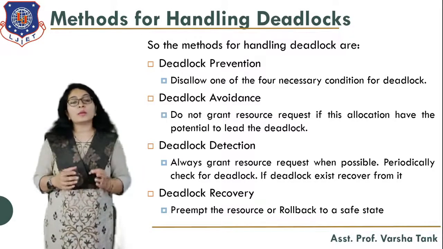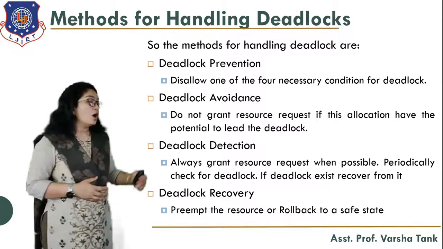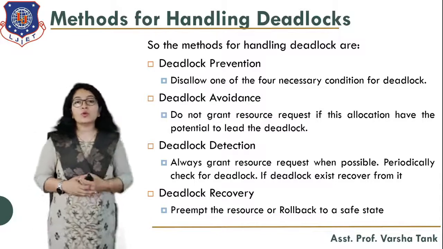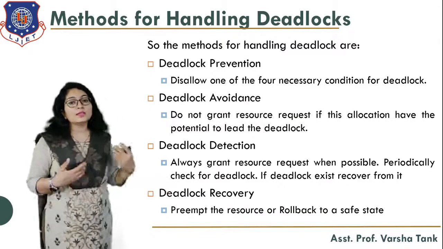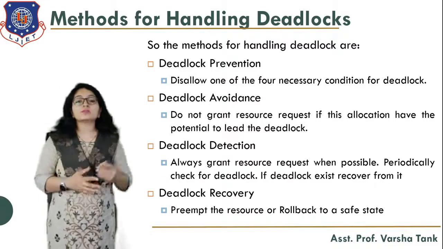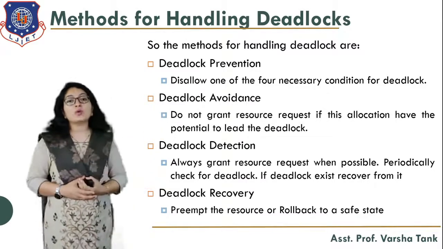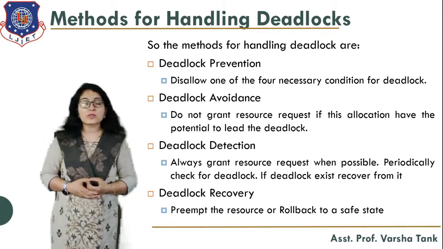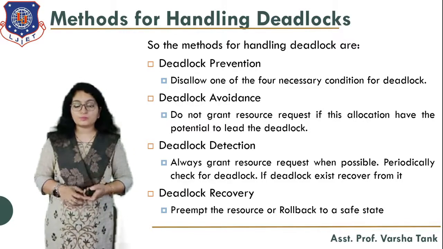Or we have to roll back to a safe state, that means roll back the process to a particular state from where it can restart again. So these are the four mechanisms to handle the deadlock in the system: prevention, avoidance, detection, and recovery.